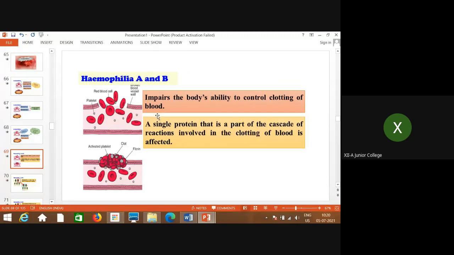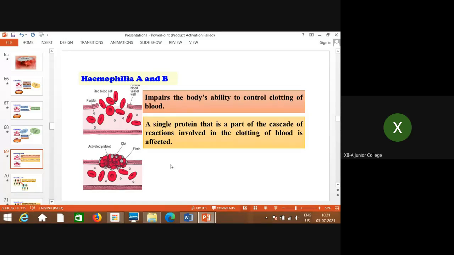So hemophilia A and B impair the body's ability to control clotting of blood. A single protein that is a part of this cascade of reactions involved in the clotting of blood is affected. That means the protein responsible for the formation of that clotting factor, if it is defective, there is a deficiency of that clotting factor, then there will not be clotting of the blood.